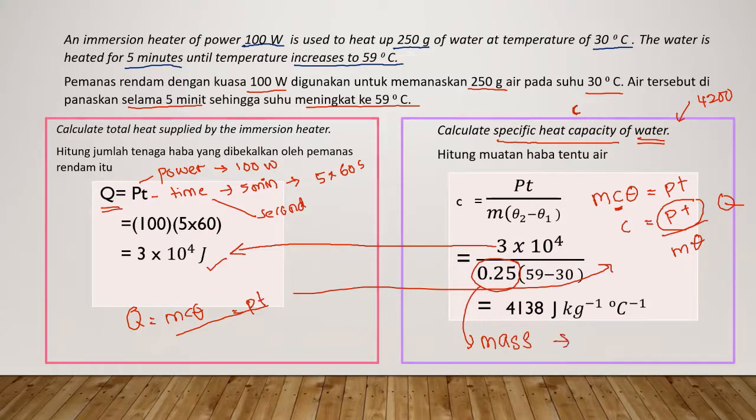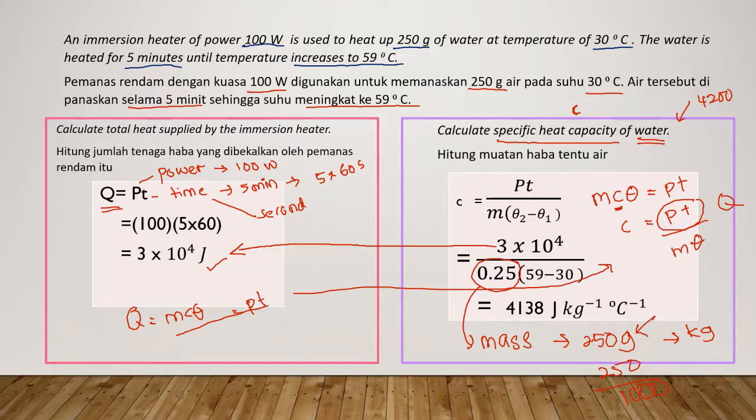Mass dia bagi kamu ialah 250 gram. Look, okay, this is not in SI unit. We need to convert to SI unit, convert to kilogram by dividing by 1000, and kamu bahagi dengan 1000, you get the value 0.25.